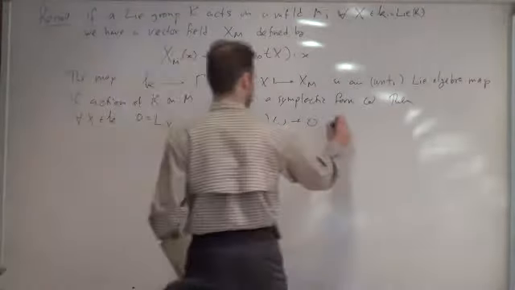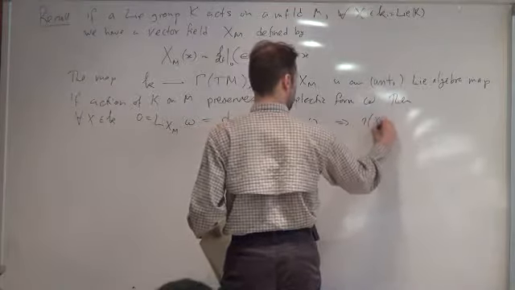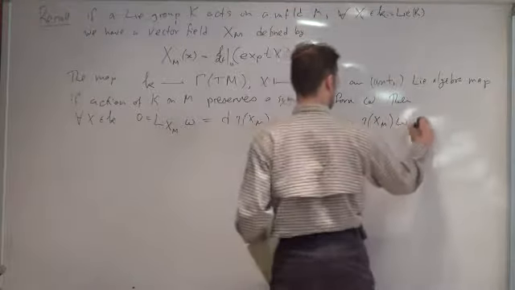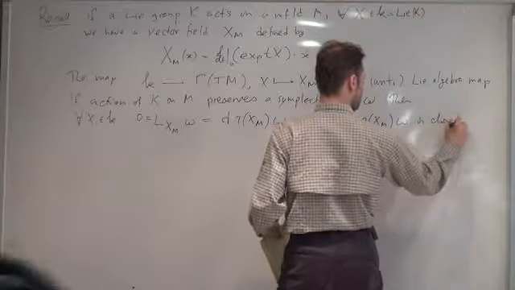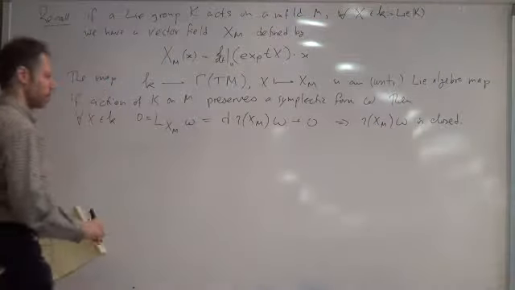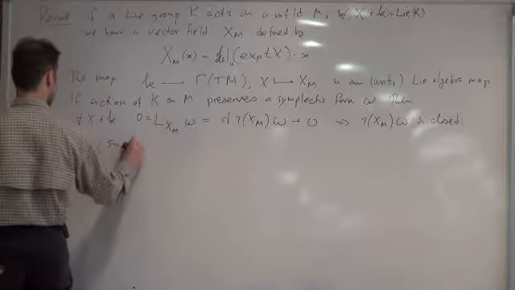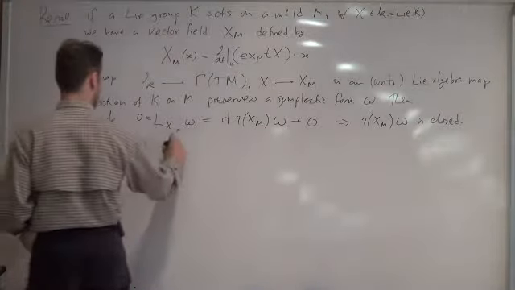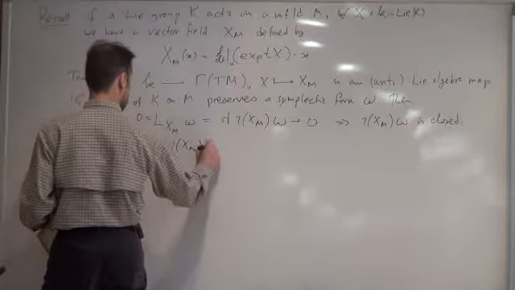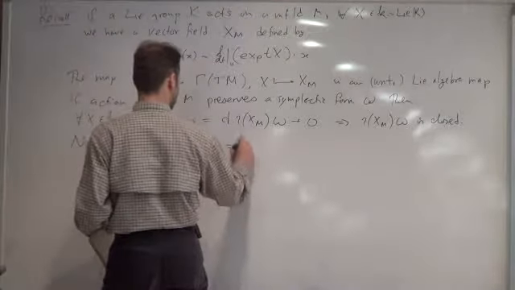So that tells you that this contraction is closed. Right? So now suppose this contraction is D of something.